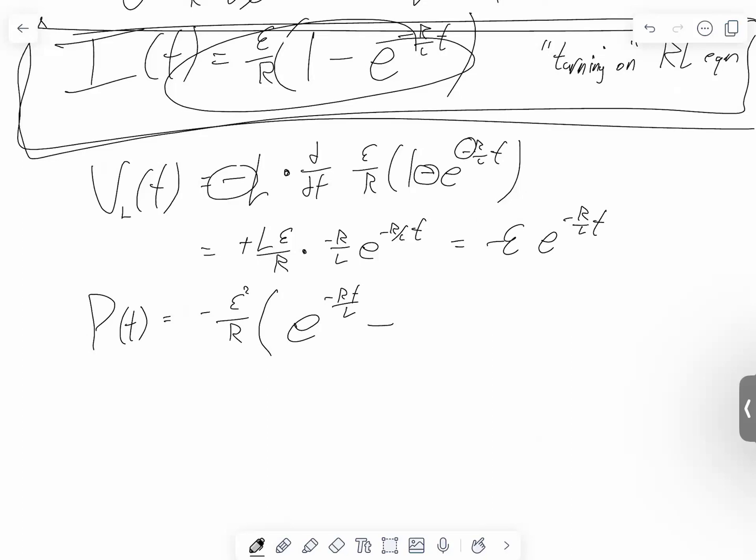What happens when I multiply e to the blah by e to the blah? Come on, sixth grade. x to the n times x to the n. Sum the exponents. x to the 2n. e to the blah times e to the blah is e to the 2 blah.